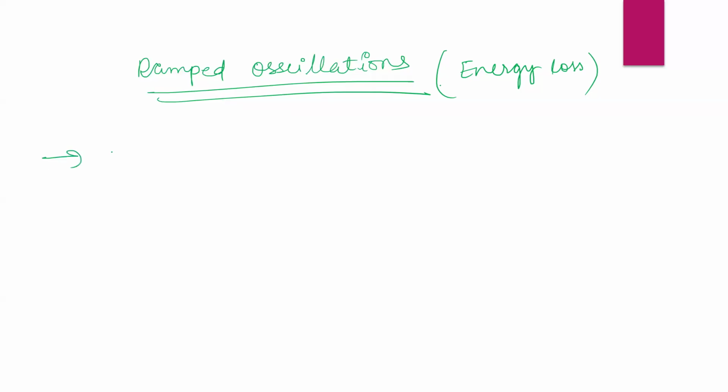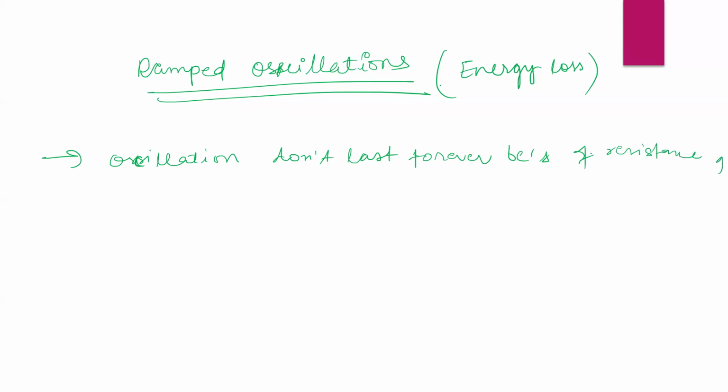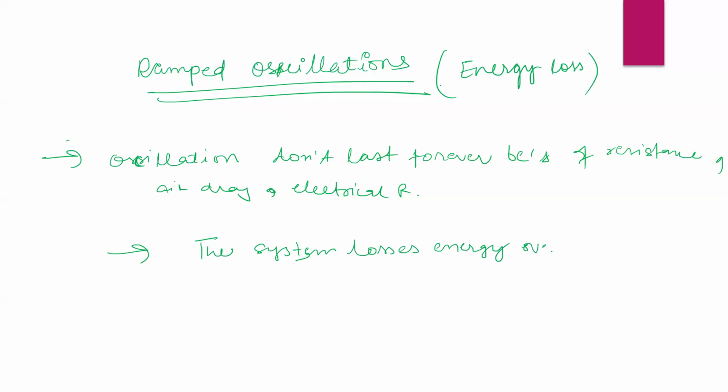In damped oscillations, the system loses energy over time, reducing the amplitude until it stops.